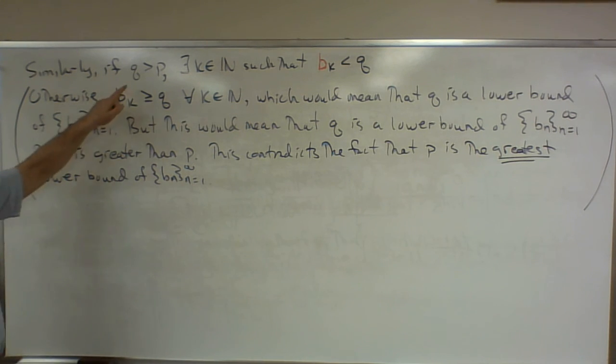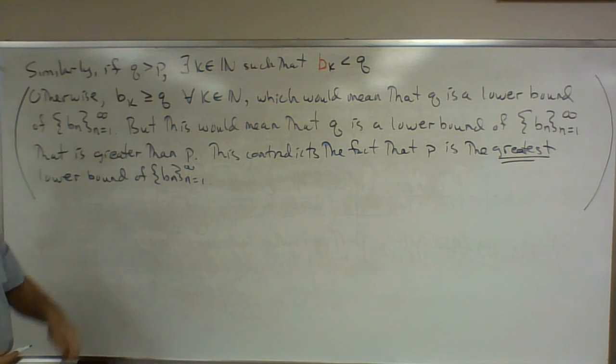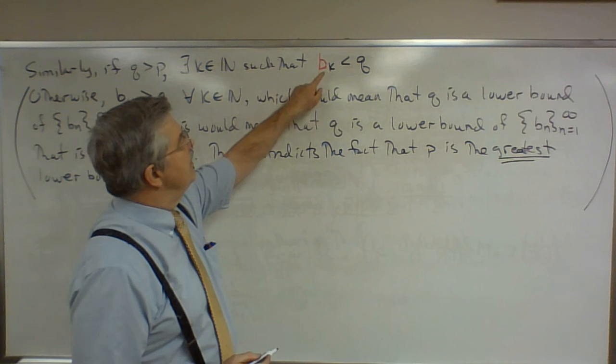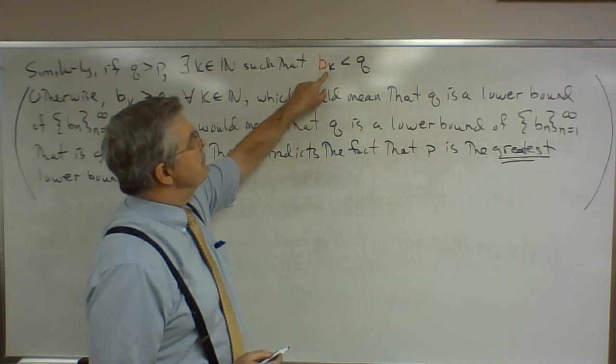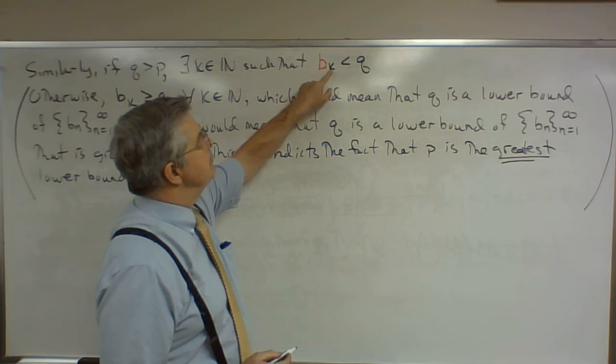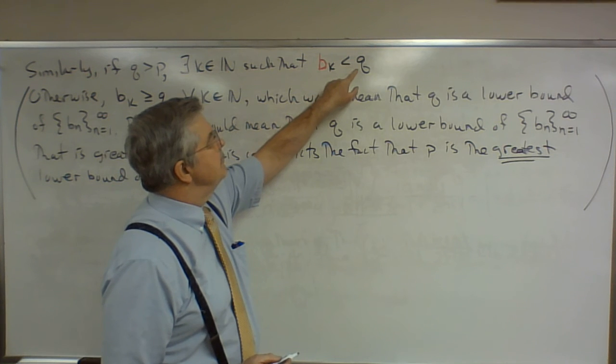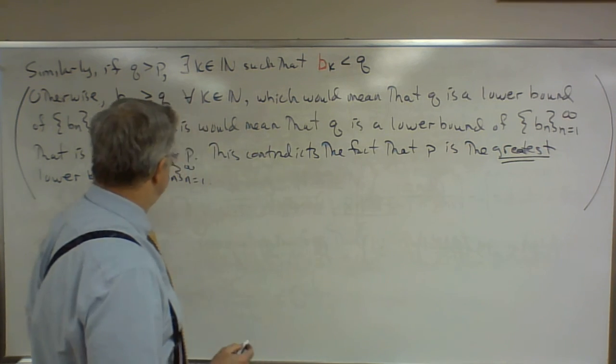So if we assume that Q is greater than P, then there has to be some natural number K such that B sub k is less than Q.